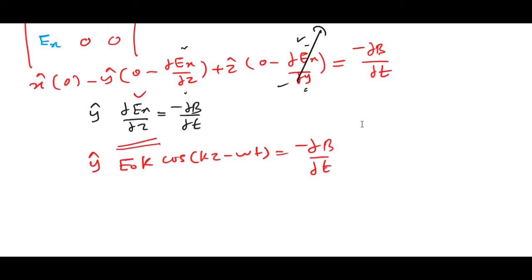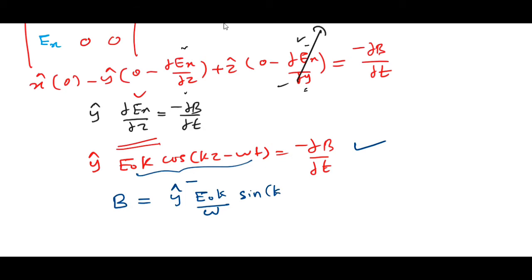Then it is very clear, to get the magnetic field, just integrate this equation. If you do the integration, B is equal to ŷ is still there. Integration of this term with respect to t is E0 k by ω with a minus sign, then sin(kz − ωt).